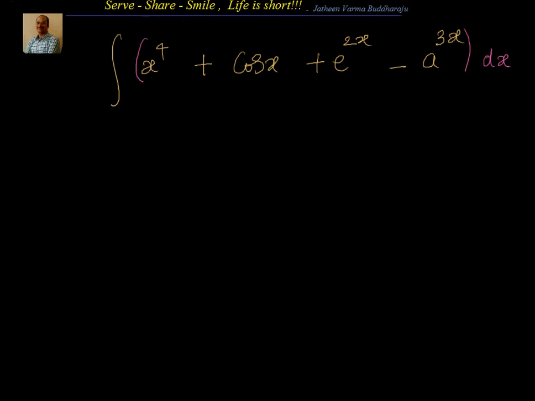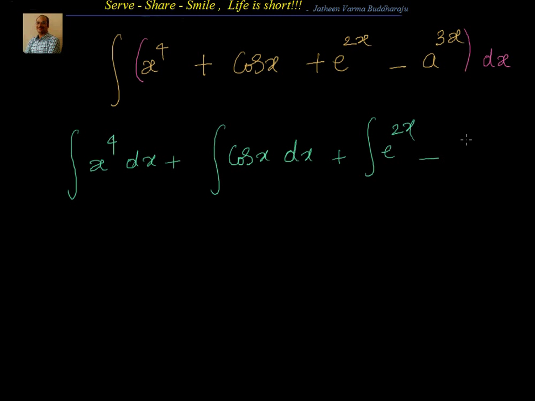One of the general properties of integrals is that you can separate them into different integrals. So I can write it as integral of x to the power of 4 dx plus integral of cos x dx plus integral of e power 2x minus integral of a power 3x.